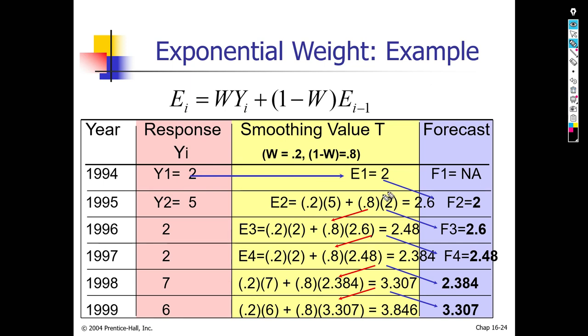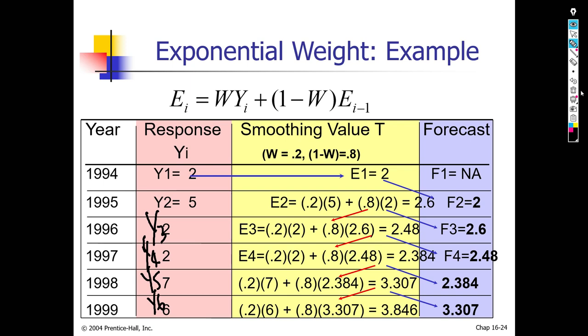Okay. Now, how do we calculate E1 here? E1 refers to Y1. Here is Y1, here is Y2, this is Y3, this is Y4, and this is Y5, and here is Y6. The cells here.